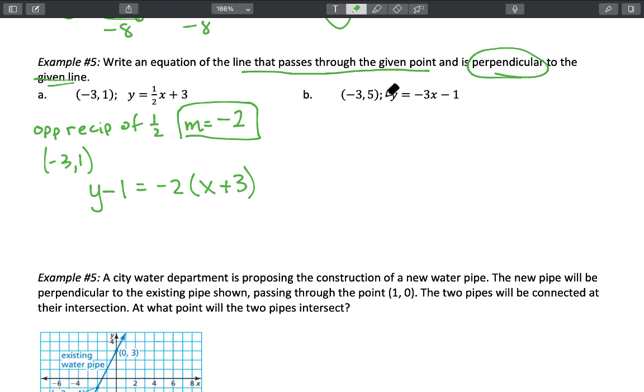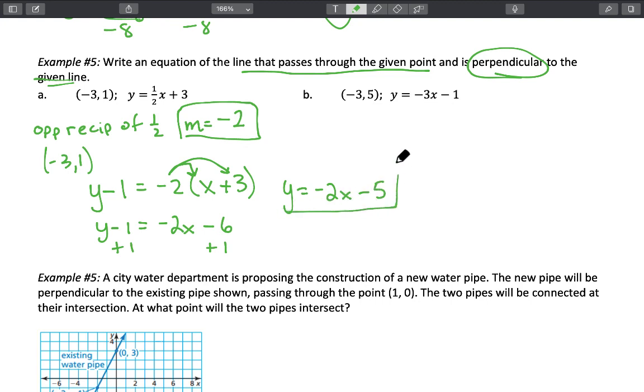I'm going to write this in slope-intercept form, which means I'm going to simplify it by distributing my negative 2 into the parentheses and adding over my 1. I get y minus 1 is equal to negative 2x minus 6. Add 1 to both sides, and I get y equals negative 2x minus 5.